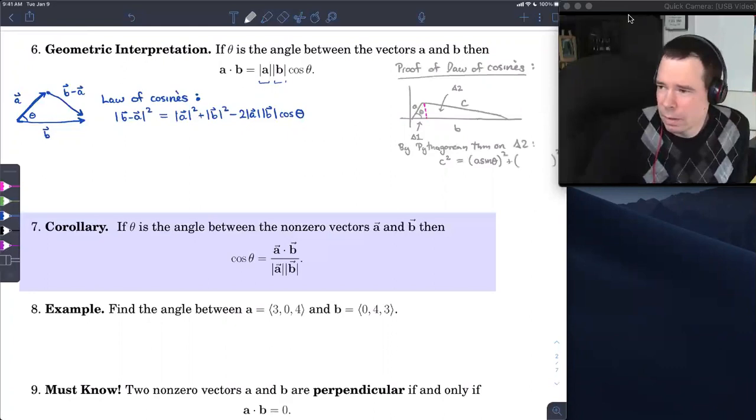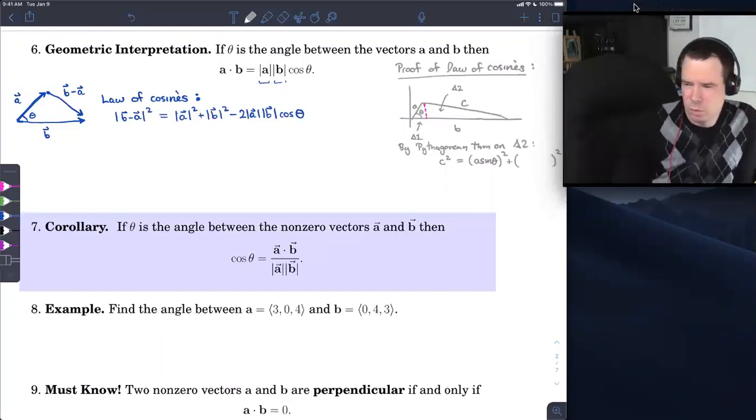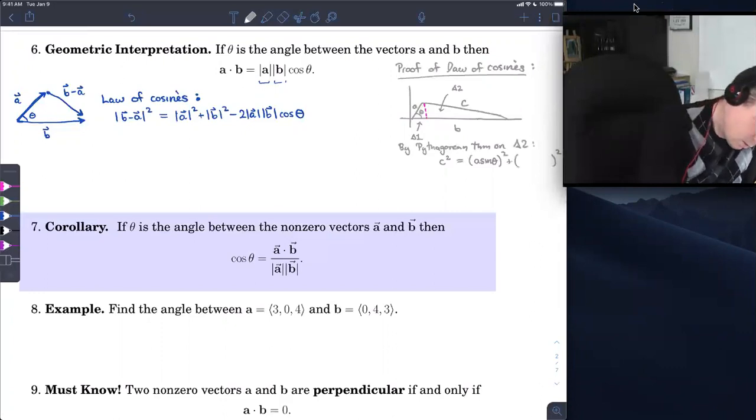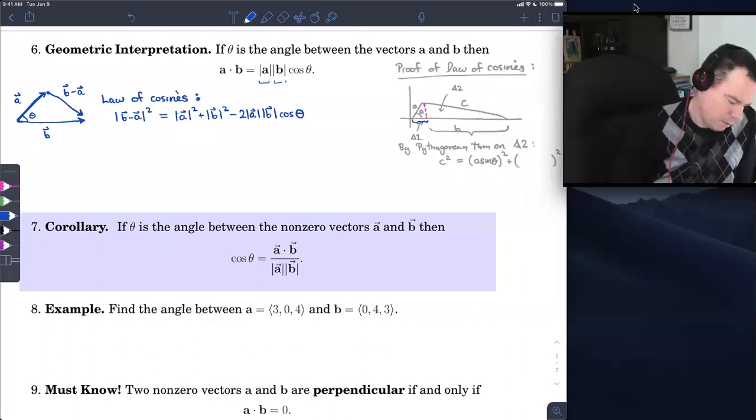What is the base of triangle 2? The base of triangle 2 is this distance here, and that distance is obtained by taking this distance here, the base of triangle 1, and taking it away from the base of the whole triangle.